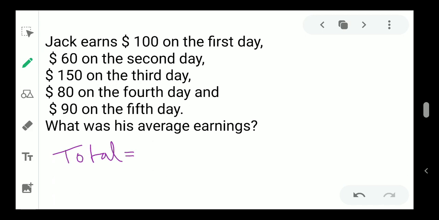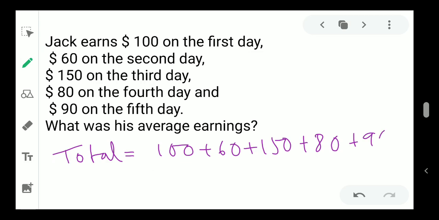Total is 100 plus 60 plus 150 plus 80 plus 90. If we add them all, how much will we get? Wait, let me calculate. We will get $480. So in 5 days he has earned this much.